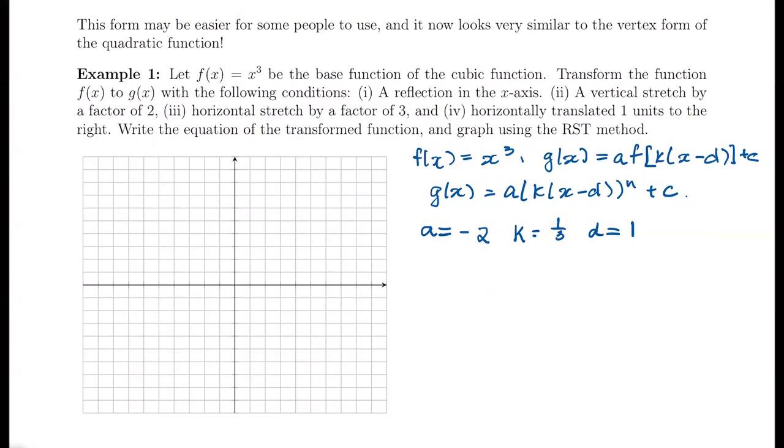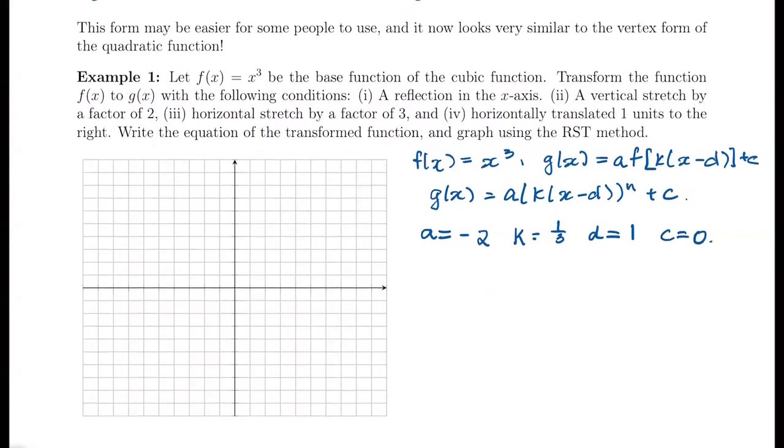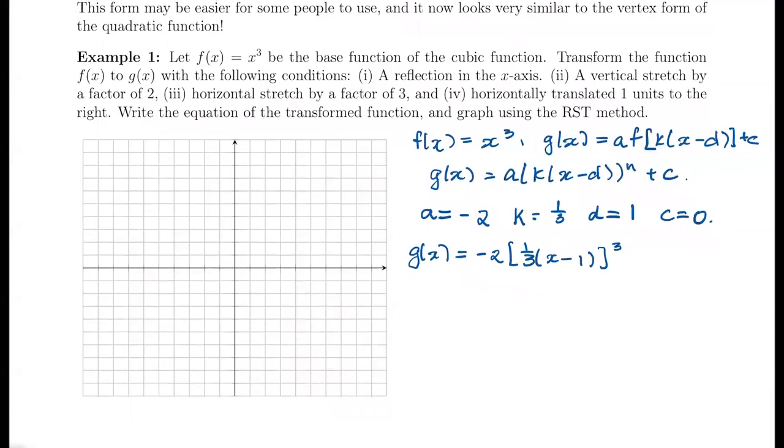And since there's no vertical translation, we just put c is equal to 0. So that means our transformed function is going to be the following. We have g of x is equal to -2 times (1 over 3 times (x minus 1)) to the power of 3 plus 0. Or we don't have to include the 0 if we don't want to. So that's the function that we wish to graph.